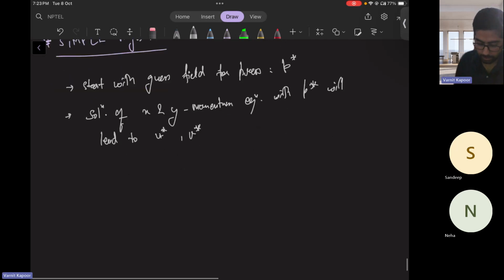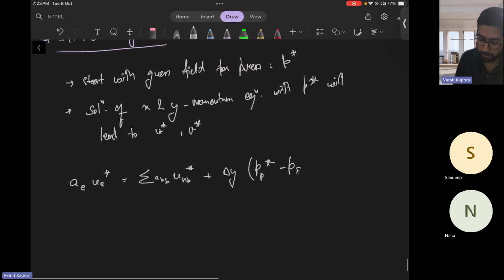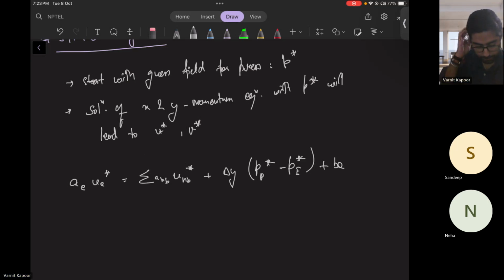That is, your X momentum equation: AE UE star is equal to summation of ANB UNB star plus delta Y times (PP star minus PE star) plus BE.